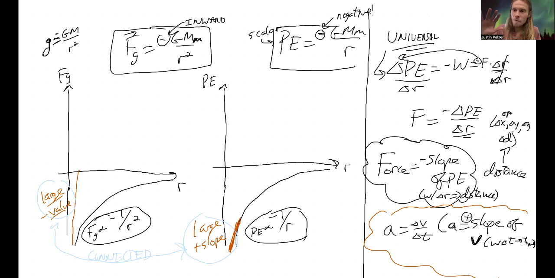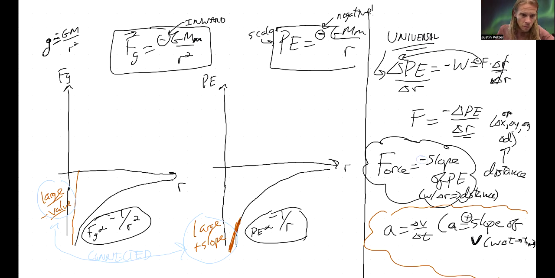We want to feel into the intricate dimensions of, oh my God, there's so much emotion and intricate detail there and relationship that opens up the truth of existence. So that's what we're going to do. So a large positive slope here results in a large negative value here. Force is the negative slope of potential energy with respect to distance.